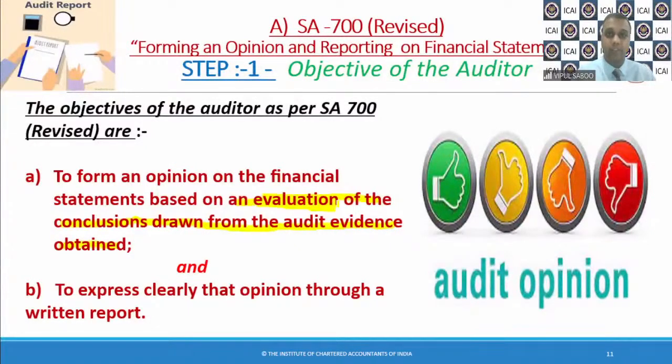Like you revise before appearing for the exam, he evaluates each and everything. What is more significant? And thereby, after that, he expresses clearly his opinion through a written report. So as per SA 700, these are the objectives of the audit.